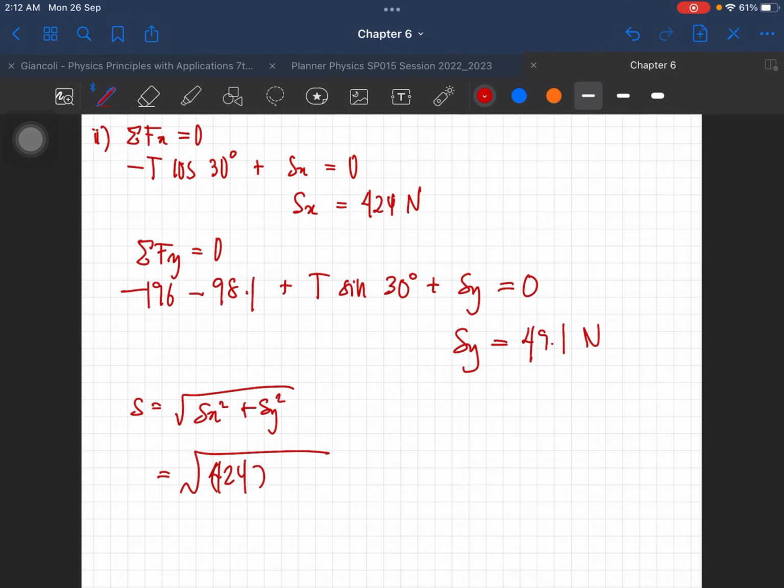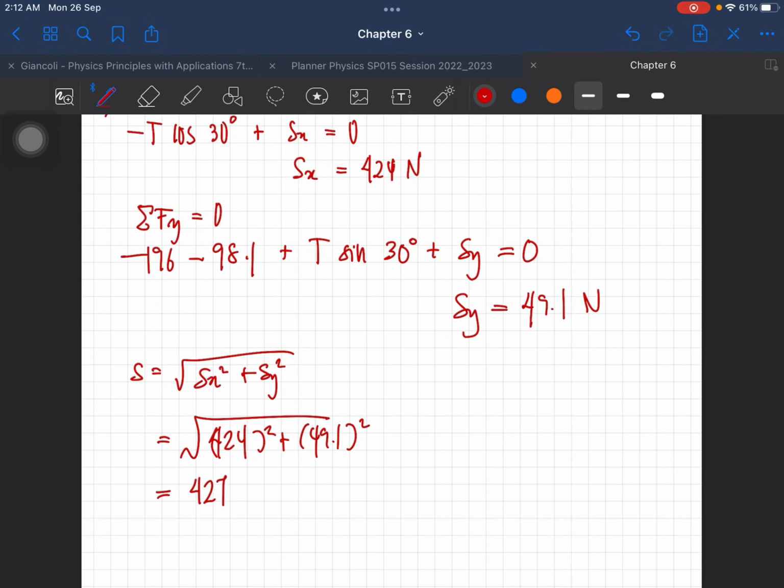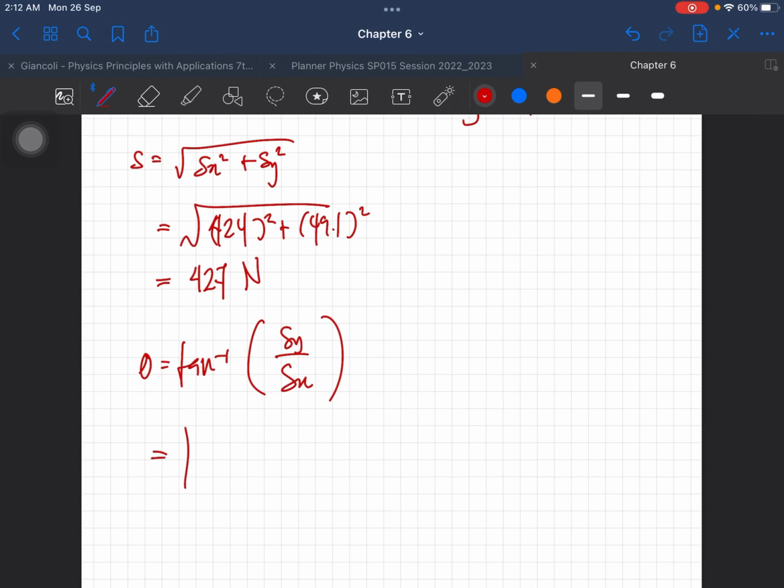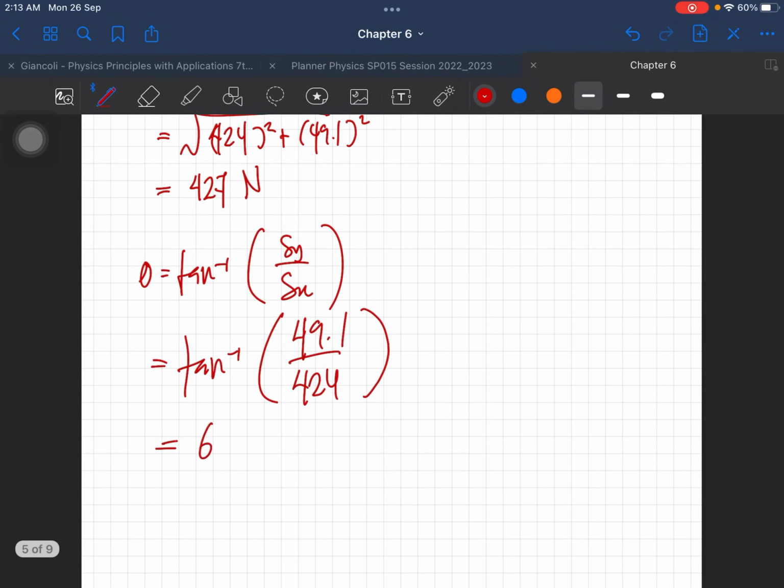So 424 square plus 49.1 square, you will get the shear force to be equal to 427 Newton. Okay, so the direction is given by theta equal to tangent inverse of Sy over Sx. So shift tangent 49.1 over 424. So you will get the angle to be equal to 6.61 degree.